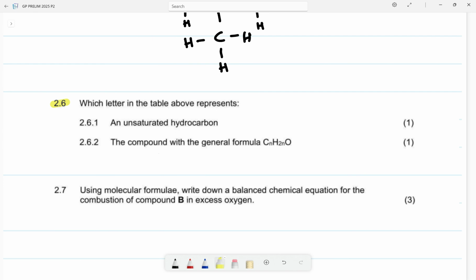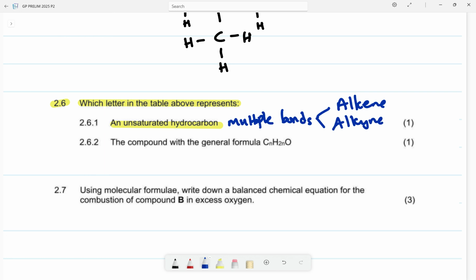2.6. Which letter in the table above represents an unsaturated hydrocarbon? I know an unsaturated hydrocarbon is the one that has multiple bonds. So the one with multiple bonds is alkene as well as alkyne.